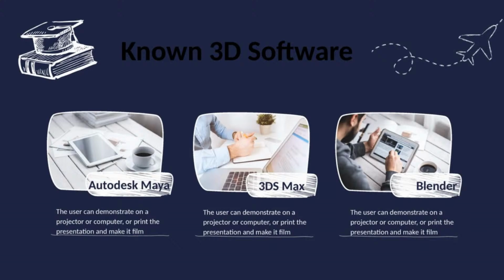So they have their positives and negatives, advantages and disadvantages. So it's really best to learn multiple software if you can. But for the time being, we're gonna be learning Autodesk Maya.